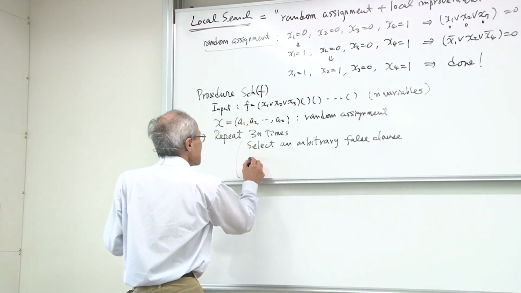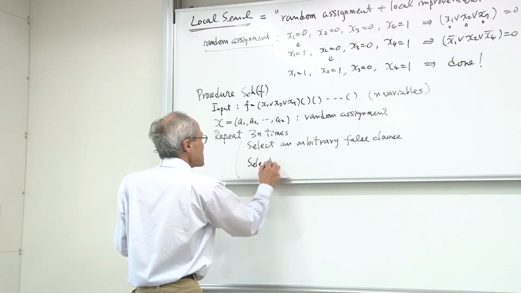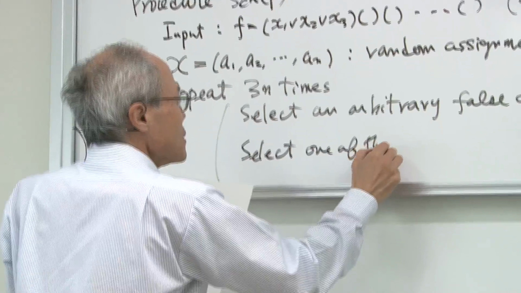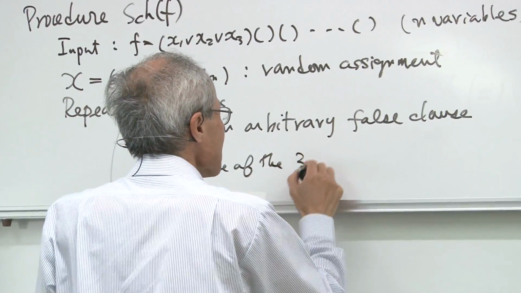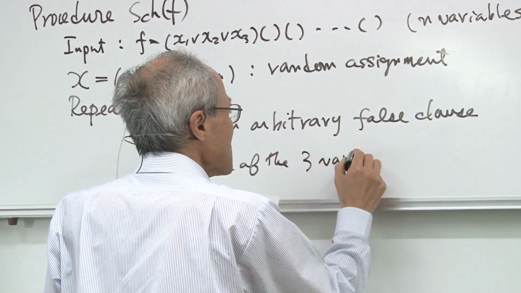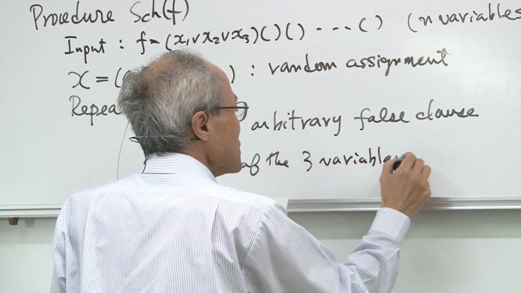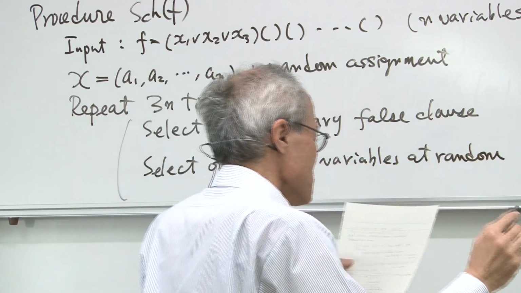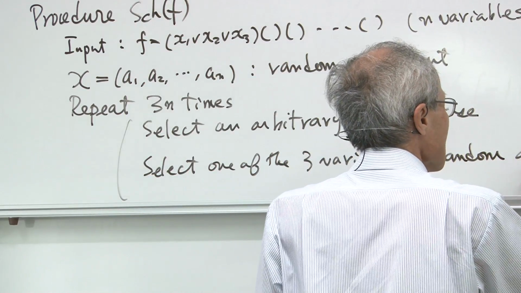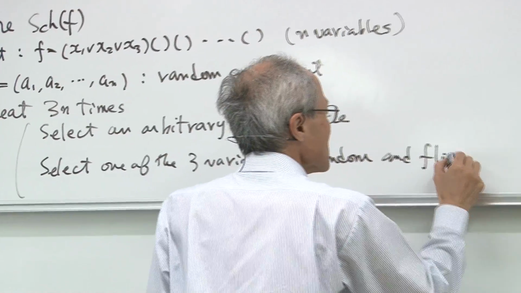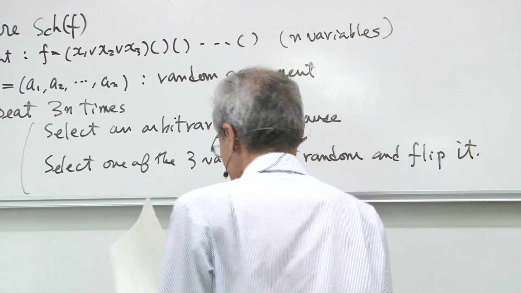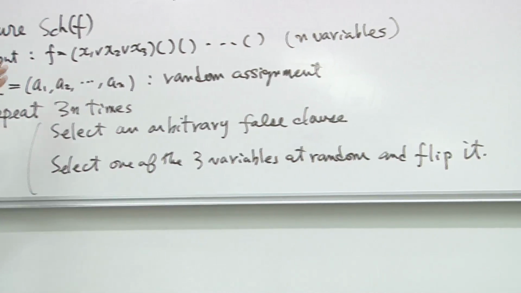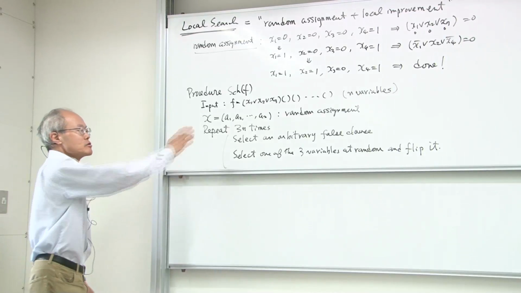Then select, again, one of the 3 variables at random and flip it. Okay, so repeat 3n times these 2 steps.